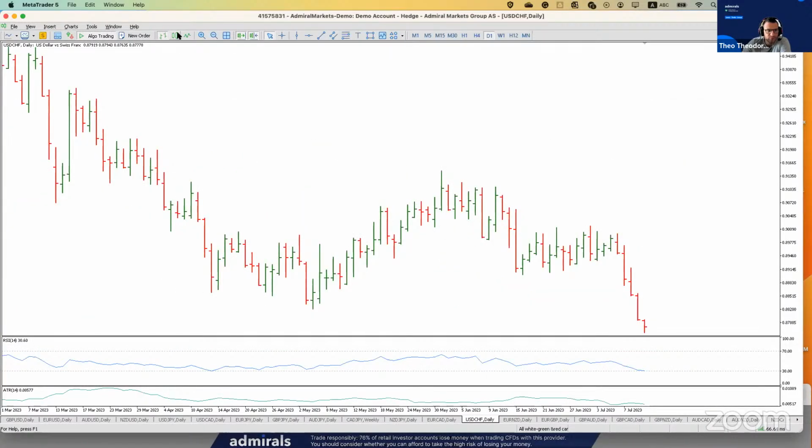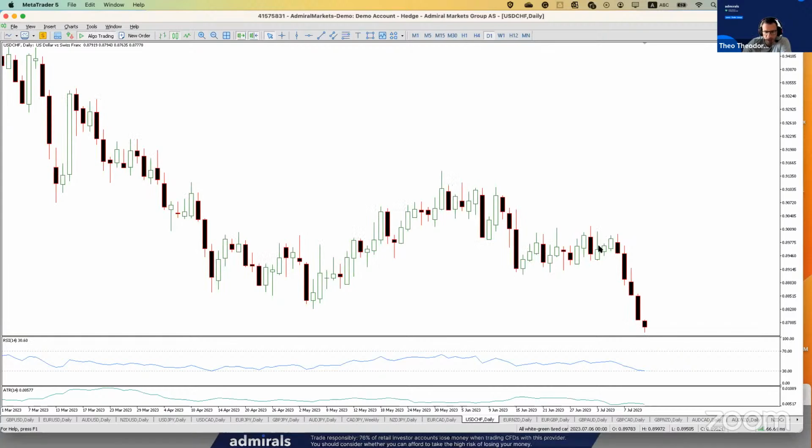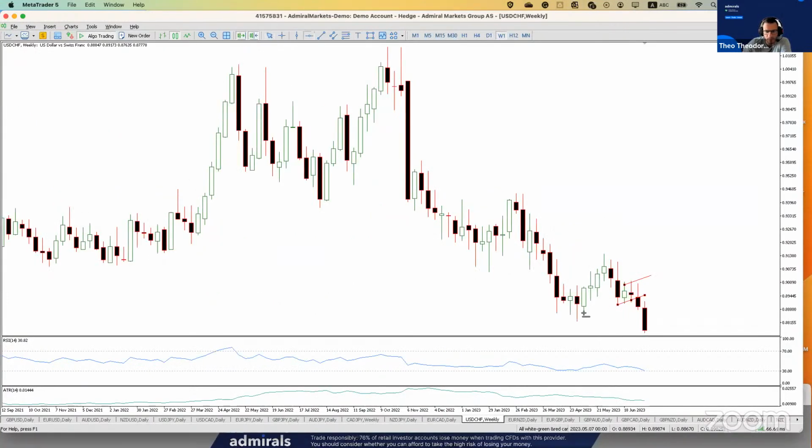USD CHF. Market finally broke to the downside. Let's check if we can use a channel. We can channel it a little bit. And now it's in a free fall. That was the last weekly support.